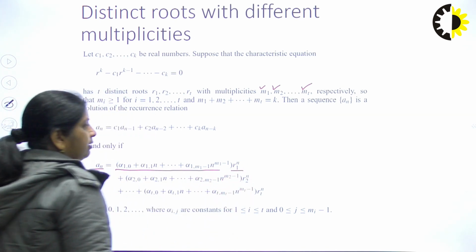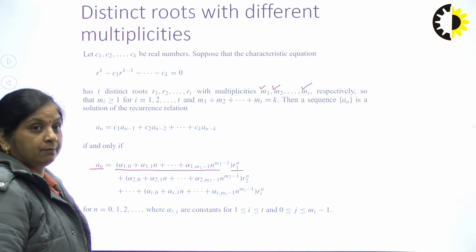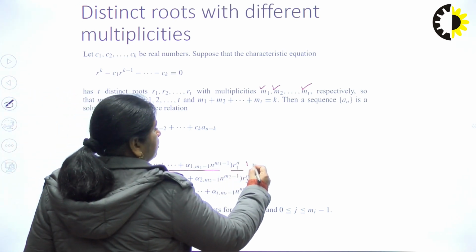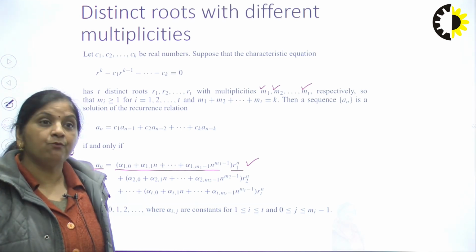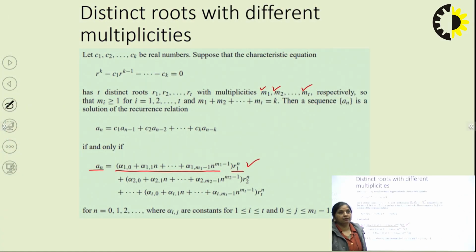My proposed solution will be a n is equal to, with r1 to the power n, where r1 is my first root. Now, I said it is occurring m1 times, so we need to show this multiplicity. We will take a constant plus a constant into n plus a constant into n squared, and so on, till the m1 minus 1 term.